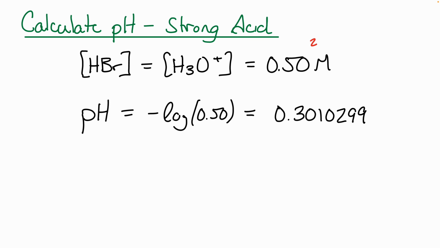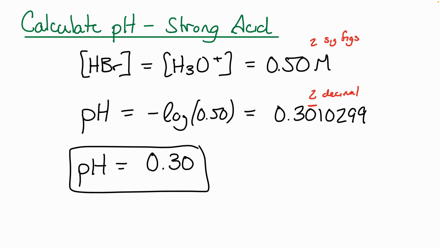We have to know that our 2 sig figs will correspond to 2 decimal places in pH space. So the pH of my initial solution is 0.30, no units. Cool. That's how we deal with that very first point along our titration curve.